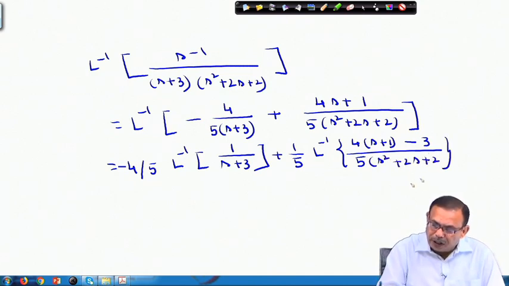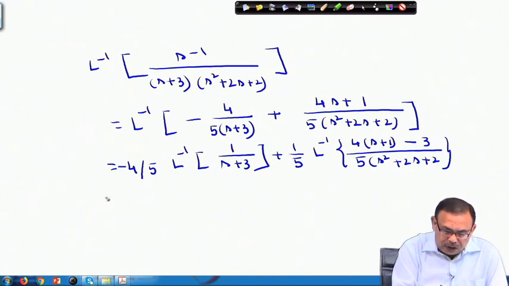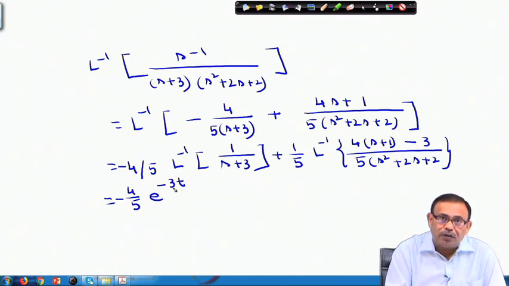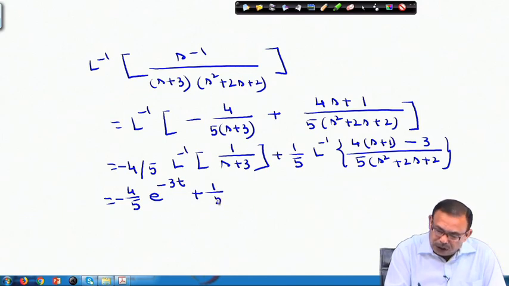That means this part again I have to break into two parts. This you know, minus 4 by 5 into e to the power minus 3t, 1 by s plus 3. So, the corresponding function is e to the power minus 3t. For the function e to the power minus 3t, the Laplace transform is 1 by s plus 3. This equals, you can write down, 1 by 5 and you can write e to the power minus t here.